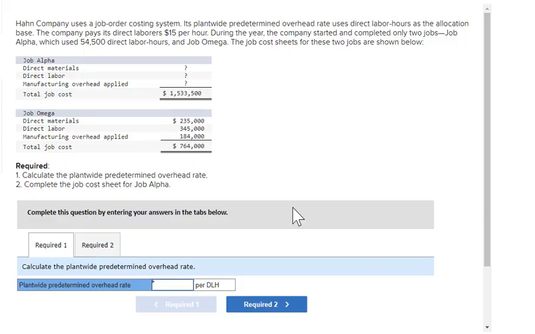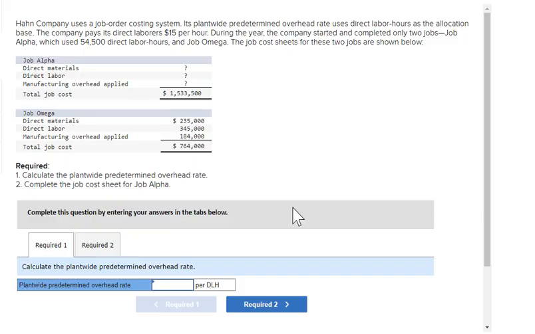So finishing has a finishing rate, and the fabrication has a fabrication rate. In this particular example, instead of having a different rate for different departments, we just have one rate across the entire plant. So we call it a plant-wide predetermined rate. Okay, and they only use direct labor hours as allocation base.